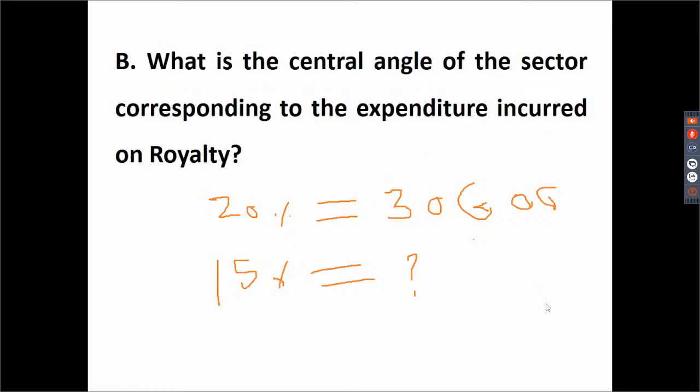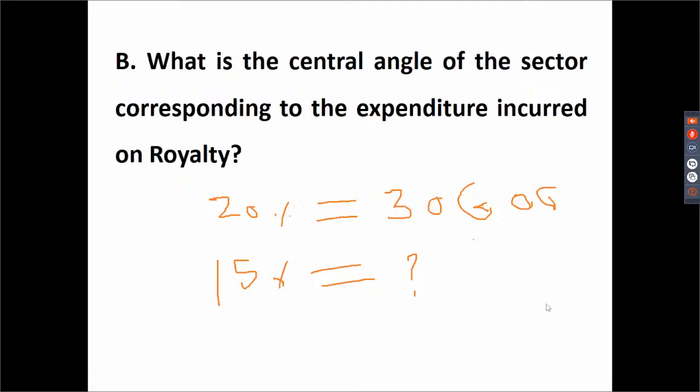Next one. What is the central angle of the sector corresponding to the expenditure incurred on royalty? Royalty is one sector, right? Whenever the royalty is one sector, what is the total percentage in the pie chart? 100%. 100% is equal to 360 degrees.